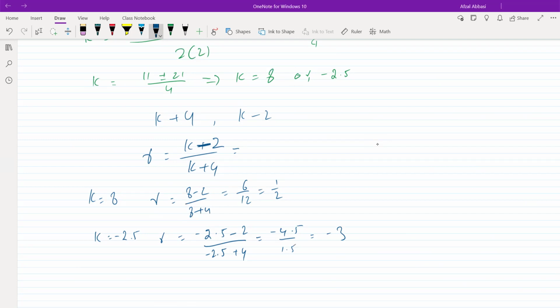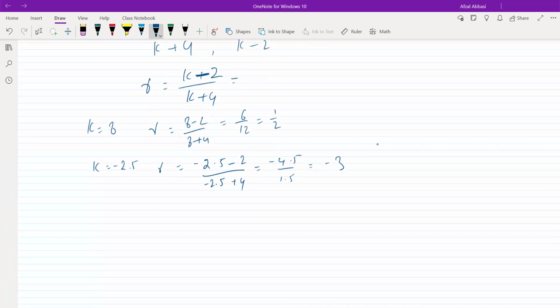As we are told that the geometric sequence is convergent, r cannot be negative 3. Therefore, r is 1 over 2 or 0.5.